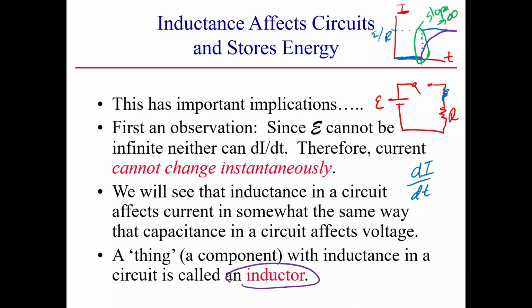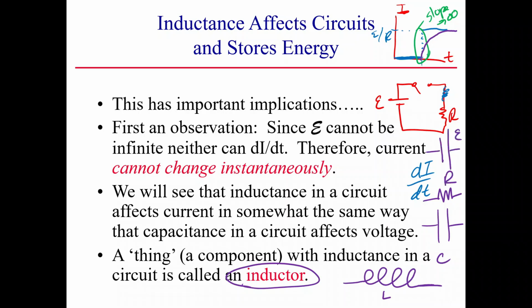So our inductors are electromagnets that have inductance when you put them into circuits. And they're going to be represented with a symbol that basically looks like a curved wire. So that will be my inductor L, kind of like I have capacitors C and resistors R and EMF sources E. All right, so here we go.